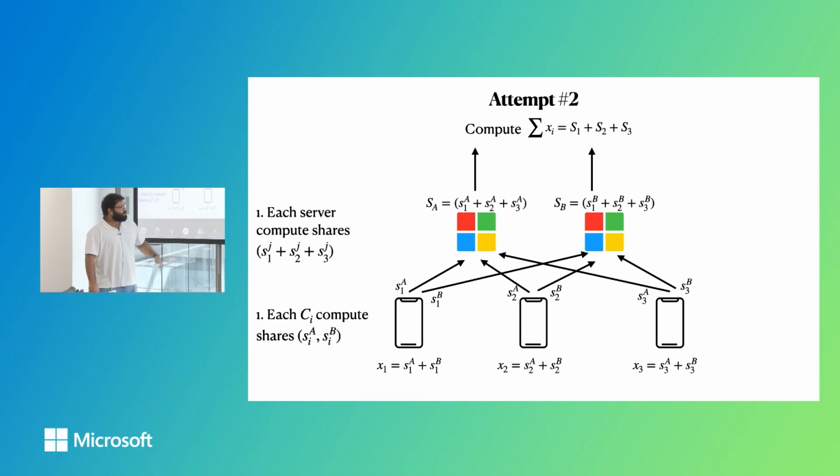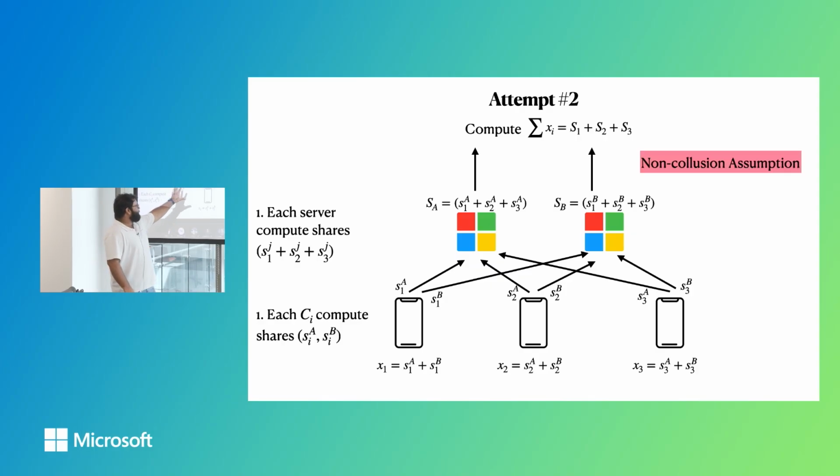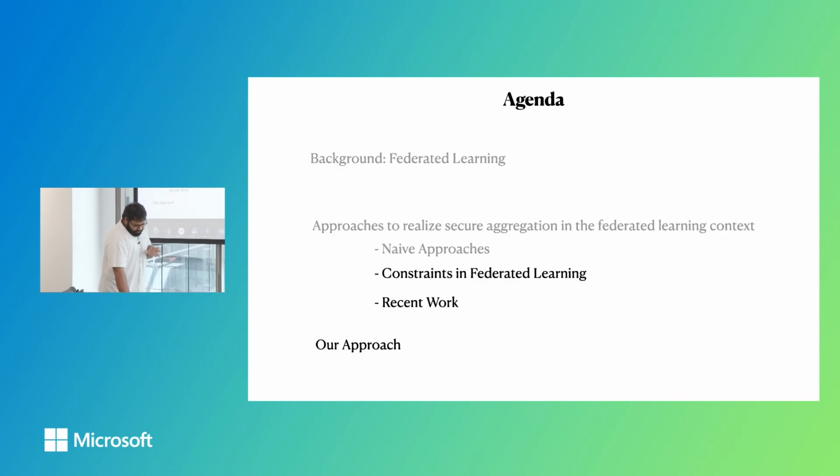So this is one nice, easy way to maybe solve the problem. It's one shot, no residual leakage attack, but unfortunately we are relying on this collusion assumption now. We have these two servers; what if they belong to the same organization? Who are these two servers? All right, so those were the two naive approaches.